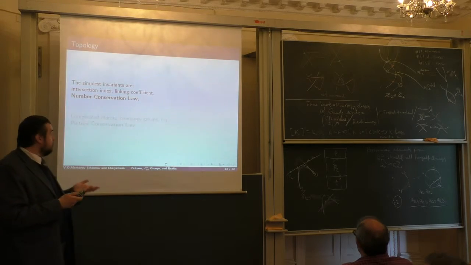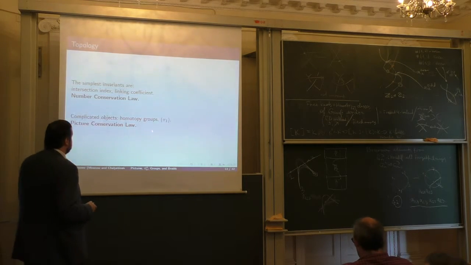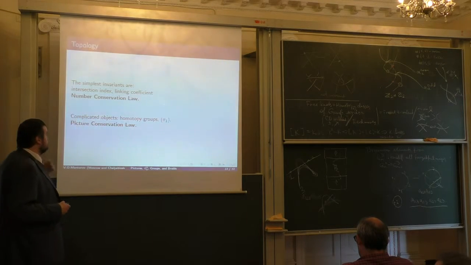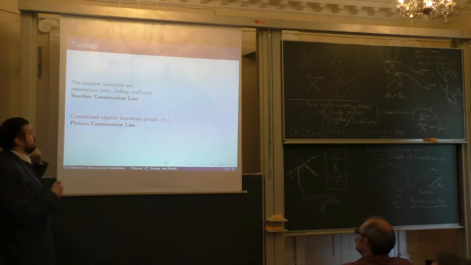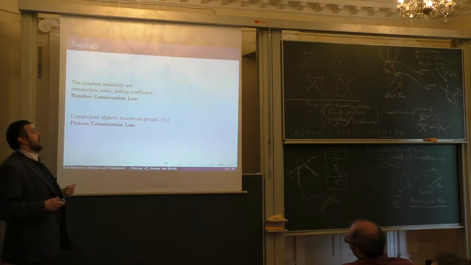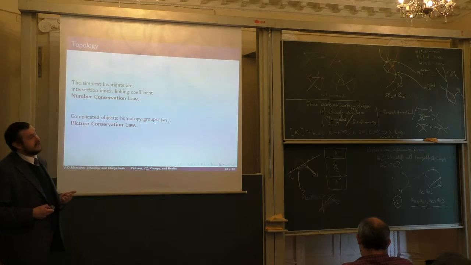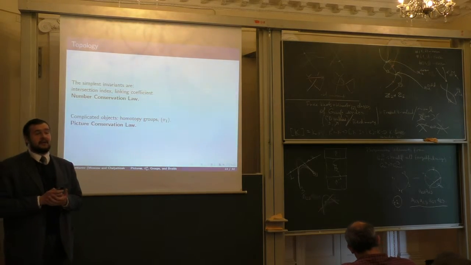And I would like to have more complicated objects, and for me, there are first of all homotopy groups or braid groups or some other things, and I want to have a sort of picture conservation law. What do I mean by that? Well, assume I want to get some nice information from classical knot or braid diagrams.